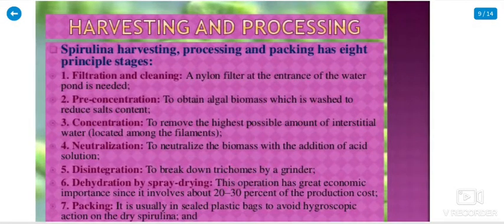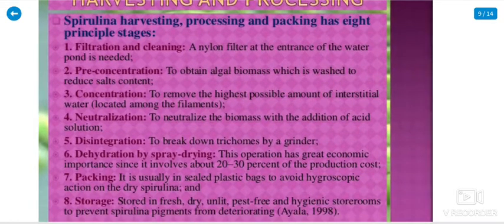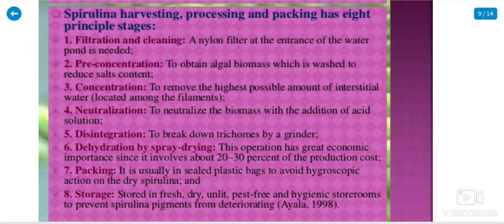The harvesting and processing methods in spirulina. The spirulina harvesting, processing and packaging has 8 principal stages. The slide shows them one by one. The filtration for cleaning, pre-concentration, then concentration. Another one is neutralization. And the fifth one is disintegration. Sixth one is dehydration by spray drying method.